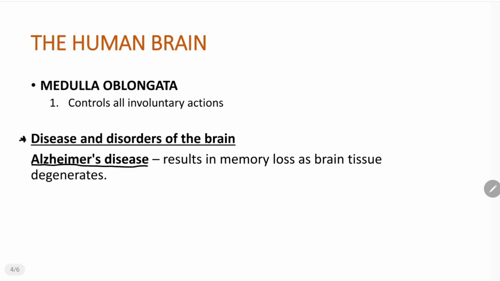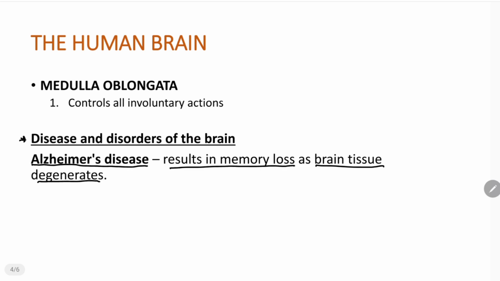Now, Alzheimer's disease results from the degeneration of brain tissue. So tissues in the brain will start to degenerate. When the tissues of the brain degenerate, they're going to result in this disorder that is referred to as Alzheimer's disease. And Alzheimer's disease is going to result in memory loss.